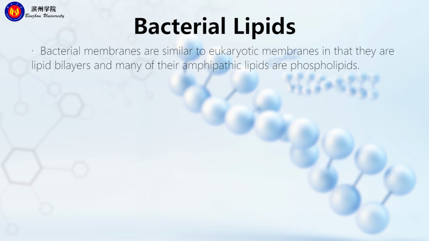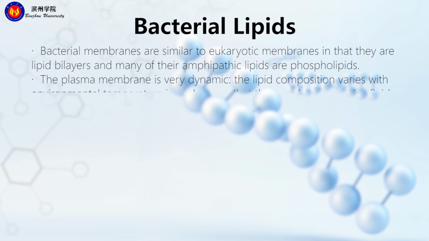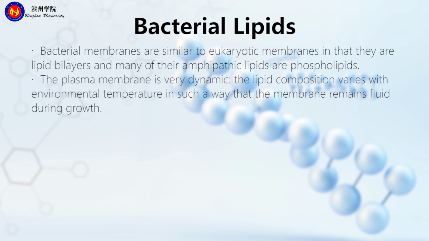Bacterial membranes are similar to eukaryotic membranes in that they are lipid bilayers, and many of the amphipathic lipids are phospholipids. The plasma membrane is very dynamic. The lipid composition varies with environmental temperature in such a way that the membrane remains fluid during growth.